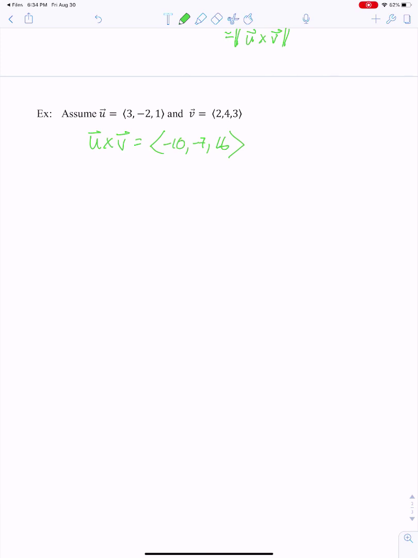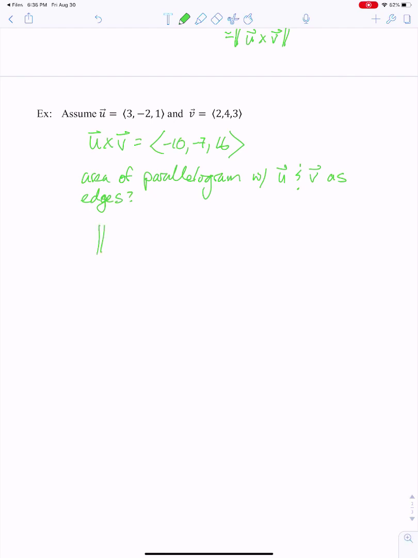Those are two vectors in space pointing in different directions, but you can think of them as starting at the origin. All right, well, what's the area of the parallelogram with u and v as edges, or sides?